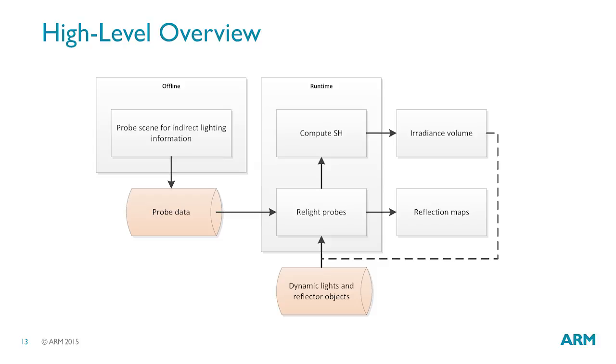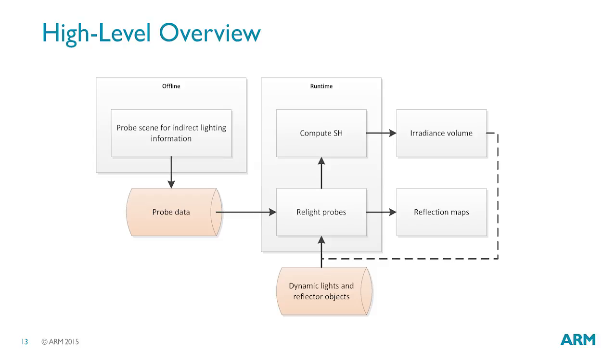So there are two major parts. There's an offline part and the runtime part. The offline part probes the particular scene for indirect lighting information and stores that for later use. The runtime uses this probe data from the offline process and computes indirect lighting based on any dynamic lights that you have in your scene.